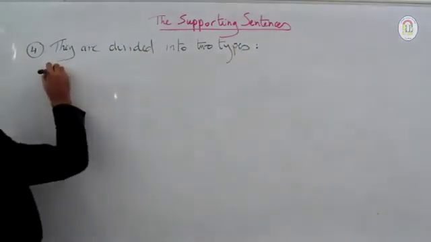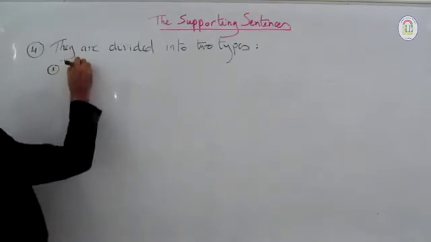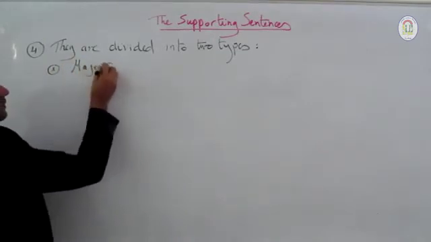Number 1, we have major supporting sentences, and the second type, which comes after these to explain them, detail them, exemplify them, is called minor supporting sentences.